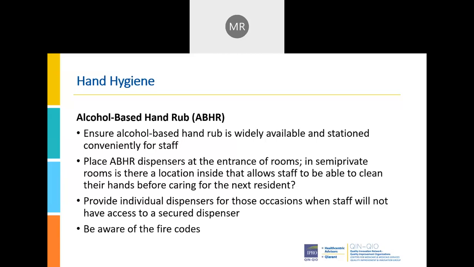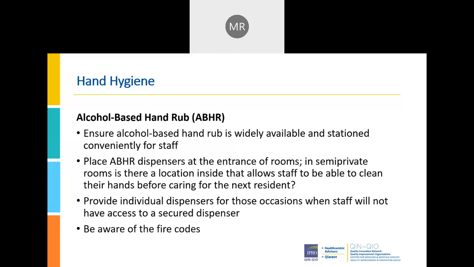And one of the areas is making sure we have dispensers in the right place. So dispensers at the entrance of the rooms in semi-private rooms, is there a location inside that allows the staff to be able to clean their hands before caring for the next resident? So you have to determine if putting alcohol-based hand rub is safe for your building inside a room, but just thinking about the staff that there's 2 semi-privates, how are they cleaning their hands before they get to the next person or they helping the person in the room?